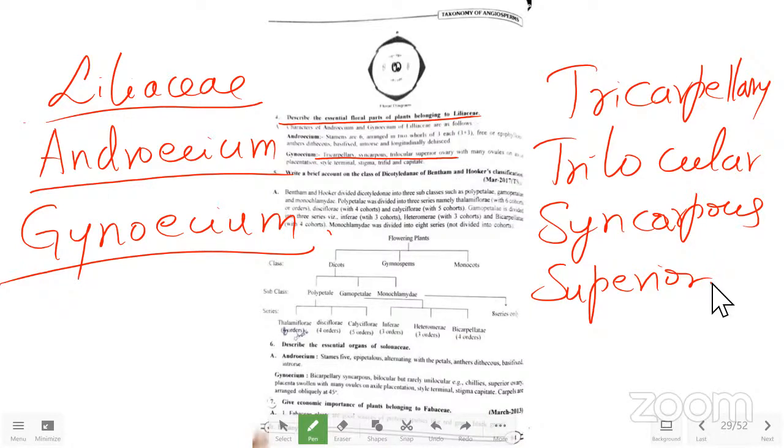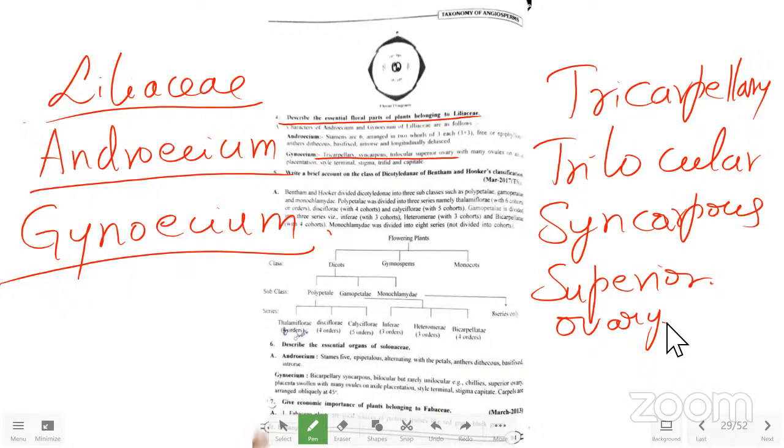After this, what do we have to write? After the superior ovary, we should write how many ovules are present, and how they are arranged. The arrangement of the ovules also we have to say.